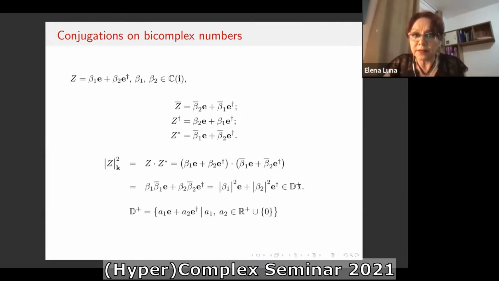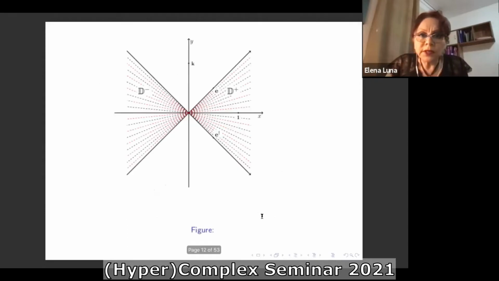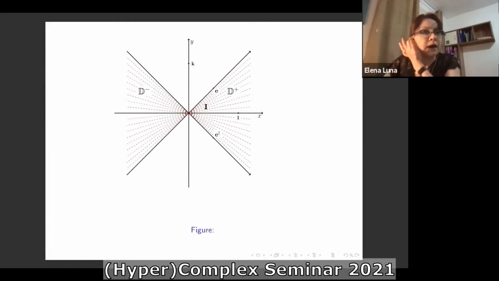And then here comes the set D plus. Who is D plus? D plus is the set of hyperbolic numbers such that when we write them in idempotent form, both components are positive or 0. And in other words, here I have the figure. So this is the plane R2, but it is endowed with the structure of hyperbolic numbers.